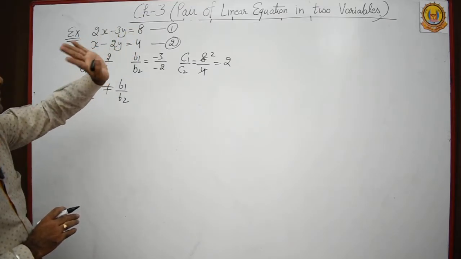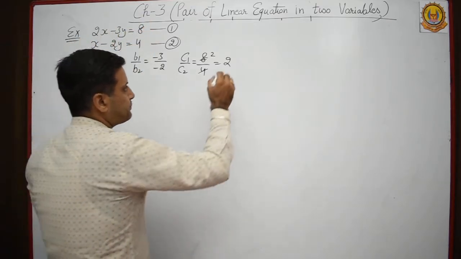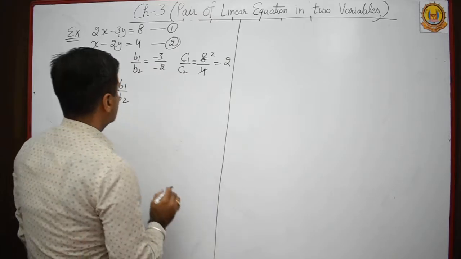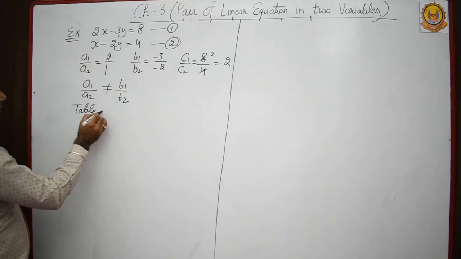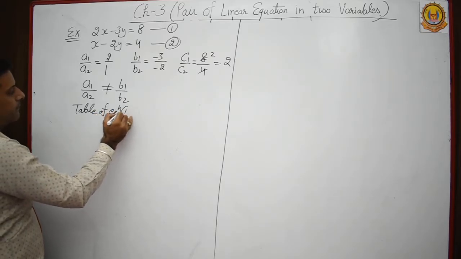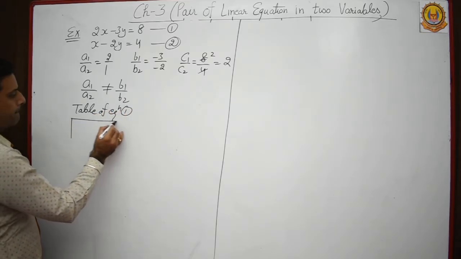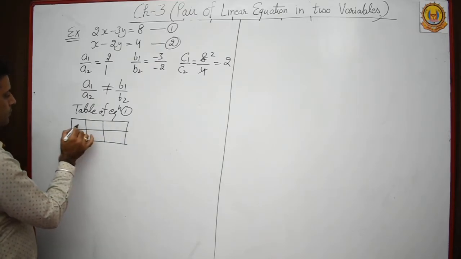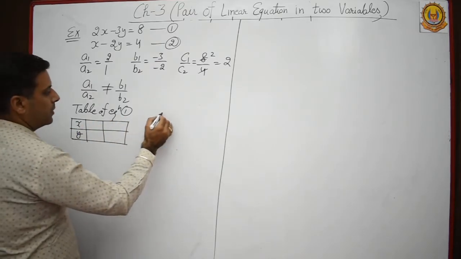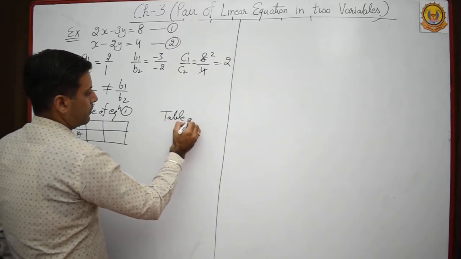Firstly, I will make the graph of equation number 1. So I will take the table of equation 1. This is x and this is y. Then the table of equation 2.